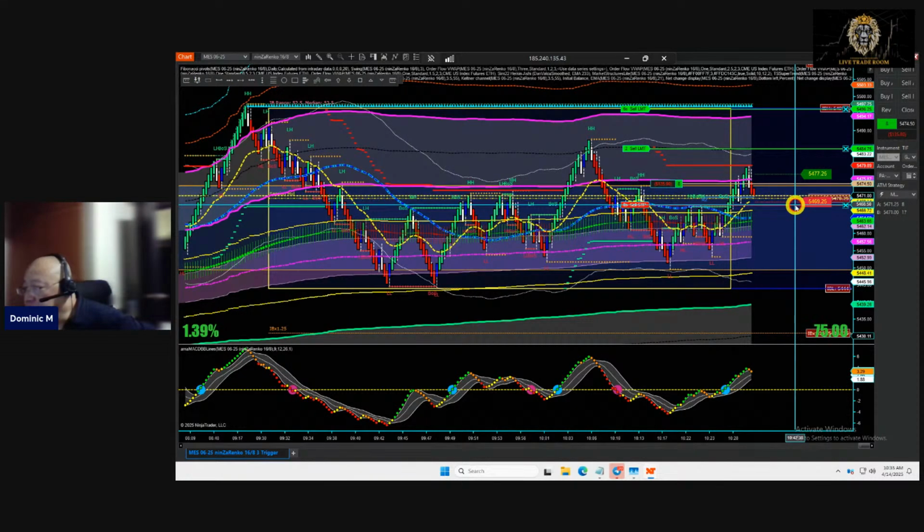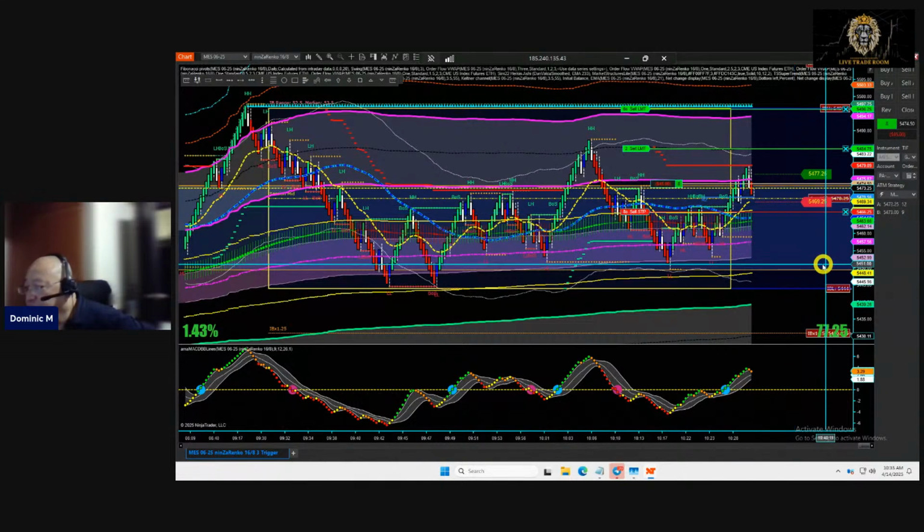Just maybe move this down, maybe down here. I'm scaled in for four contracts. Let's see if it bounces off the 21 EMA there.